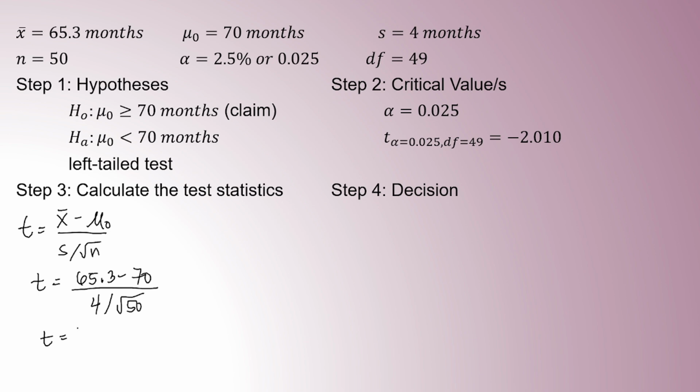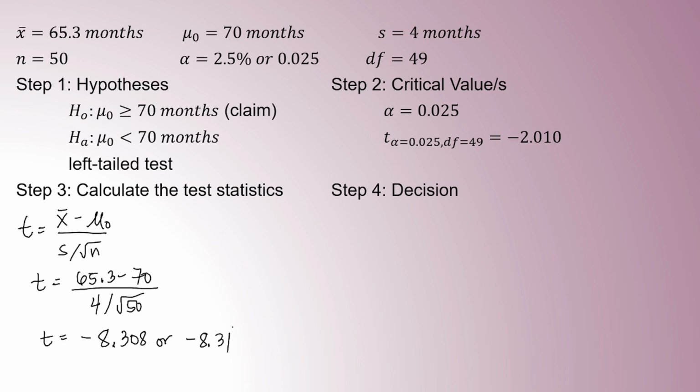Doing the input in the calculator, let's put 65.3 minus 70 first, and then over 4 divided by square root of 50, the answer is negative 8.308 or negative 8.31. So, this is our computed t-value.